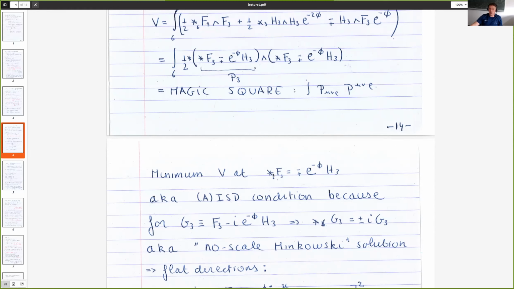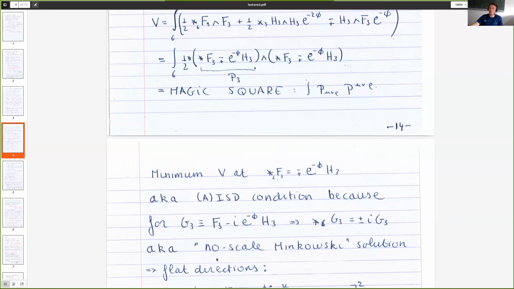And then you can actually check, I could have made a minus sign mistake here, I wasn't too careful, that this condition becomes this condition. So indeed, this complex form is either imaginary or anti-imaginary self-dual, depending on the plus and the minus. This solution is known as a no-scale Minkowski solution.